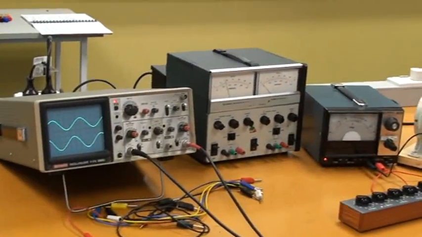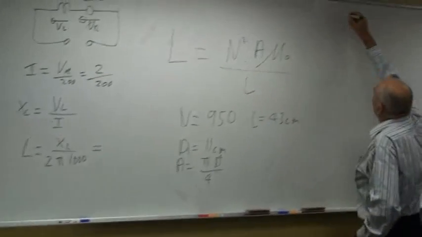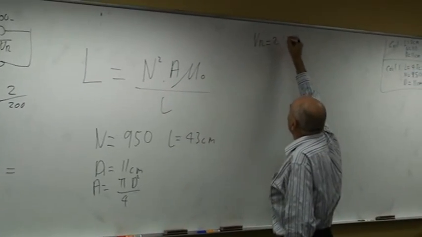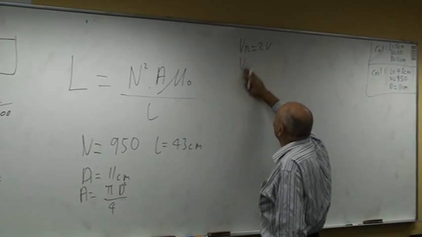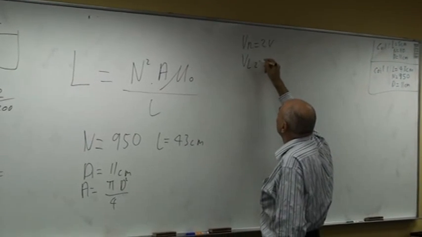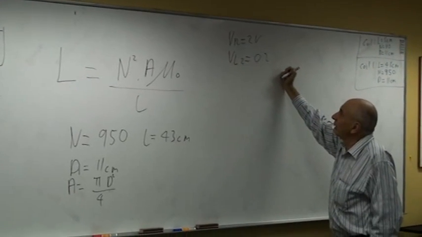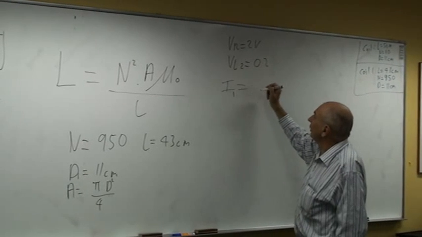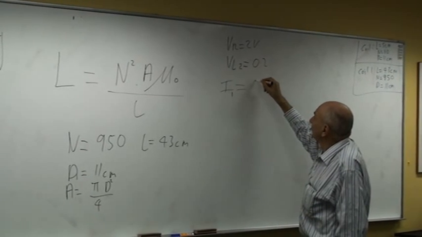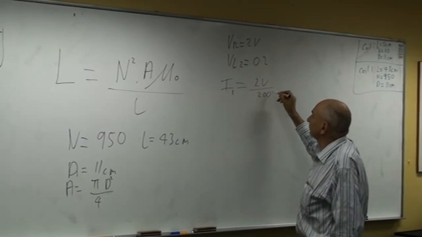So for the mutual part of our lab, we're going to say that VR is the same as before, 2 volts, but VM, or let's say VL2, the voltage across the second coil, is 0.2 volts. Now to work out your value of M, this is what you do. You say I1 equals 2 volts, again, across the resistance, divided by 200.